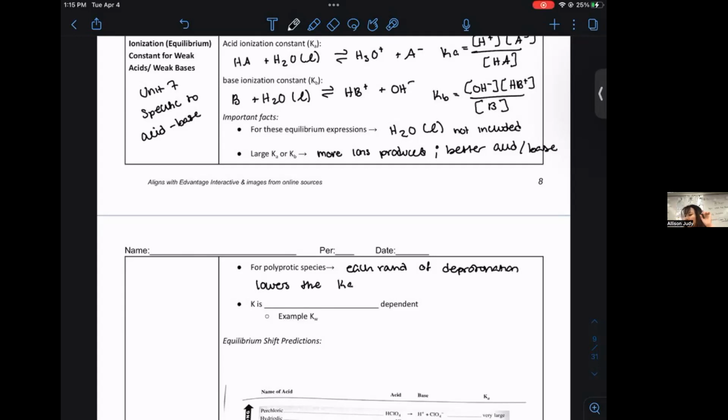So for H2SO4, the Ka is greater than for HSO4 minus. HSO4 minus is a weaker acid than H2SO4 because it's getting a little bit more desperate to hang on to that one remaining H.